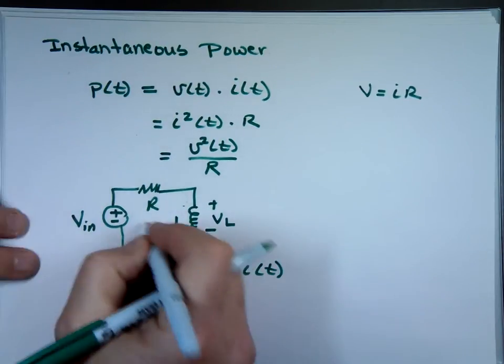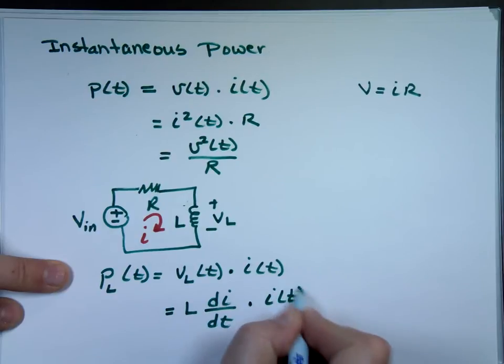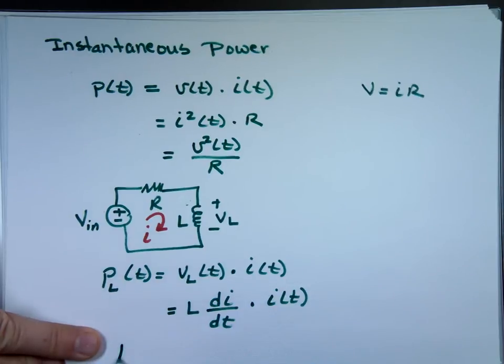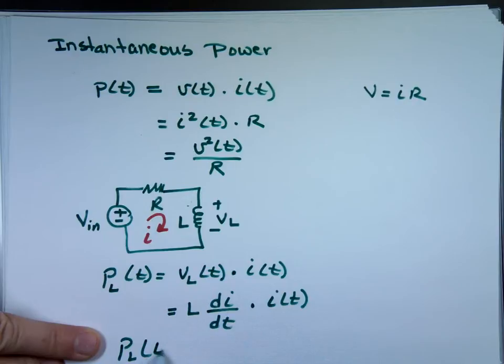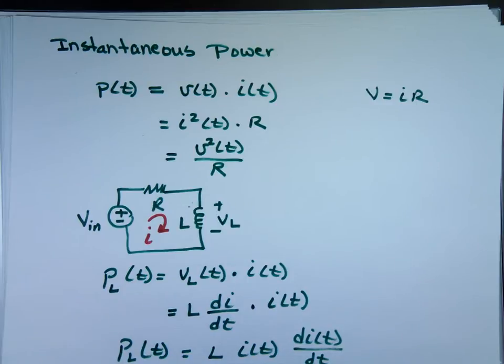If we call this I going in it, di dt times I. So the instantaneous power is L I of t di of t dt. And whatever the value happens to be, we plug it in.